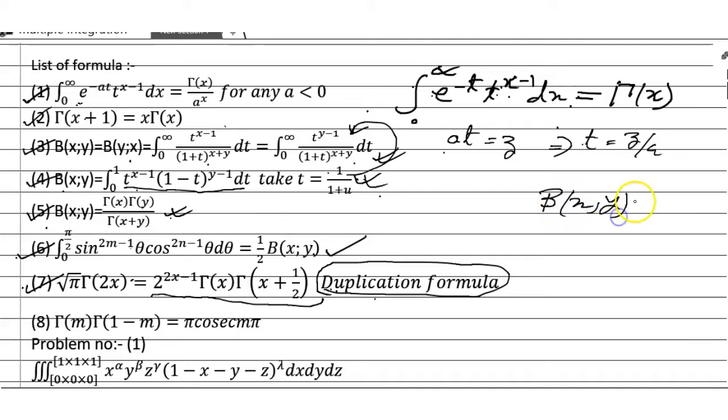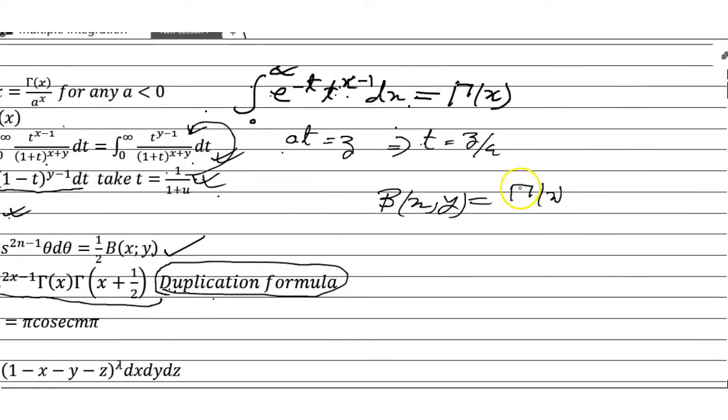Beta x, y equals gamma x into gamma y divided by gamma x plus y.